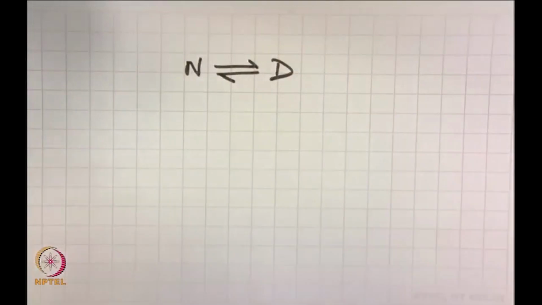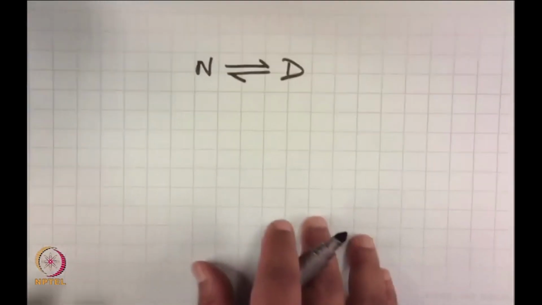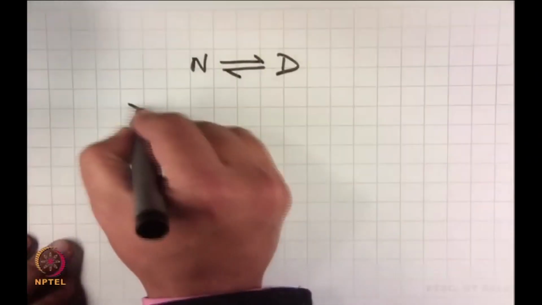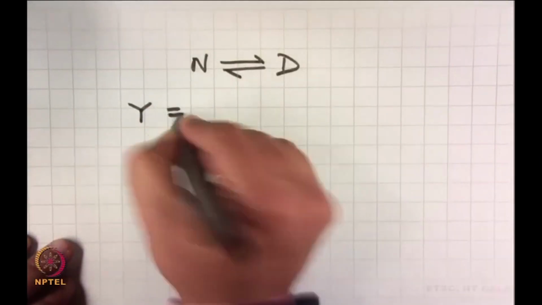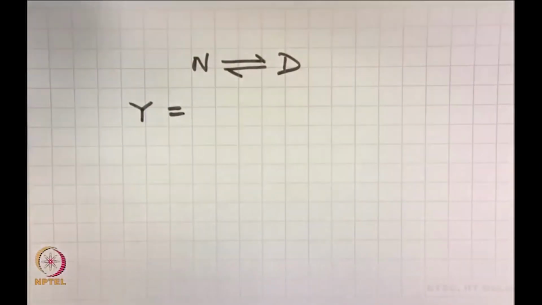Now, my observed signal y, this is my observed signal at any given temperature. See, y is a function of T, because it changes as a function of temperature. At any given temperature, it should have contributions from how many species? You can have contribution from the native state, and from the denatured state.